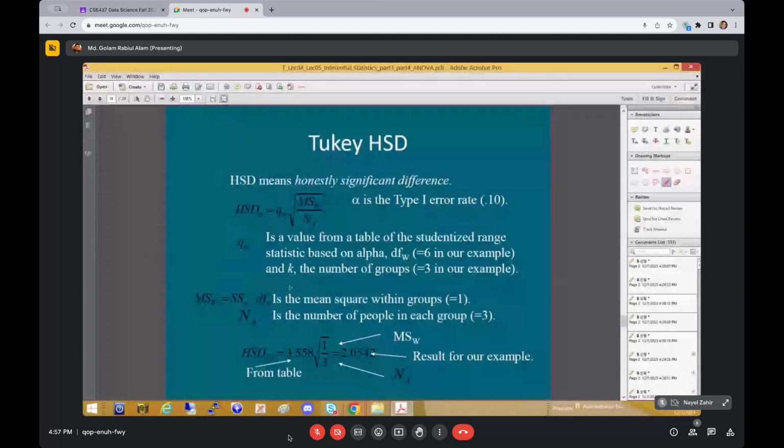This is the equation for the HSD. So we have to find out the honestly significant difference.